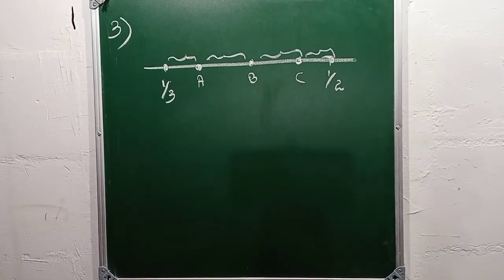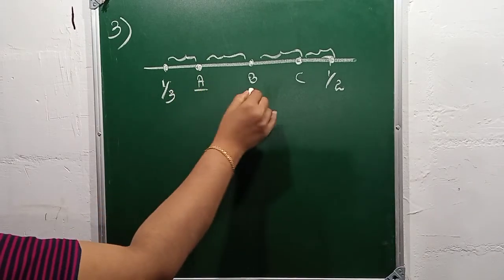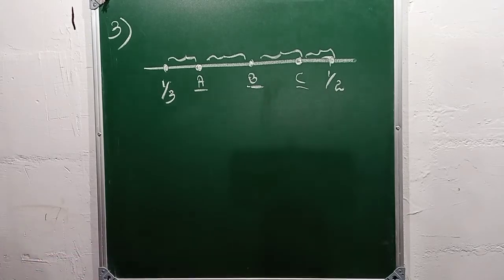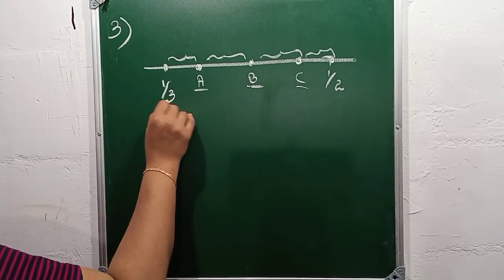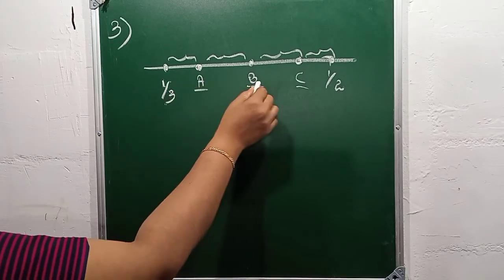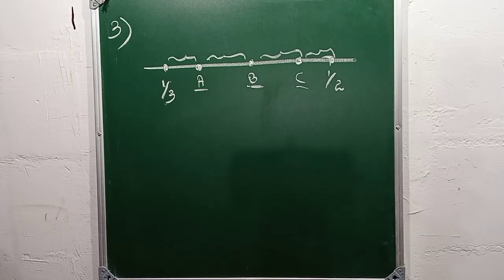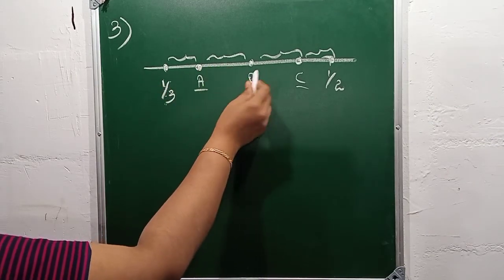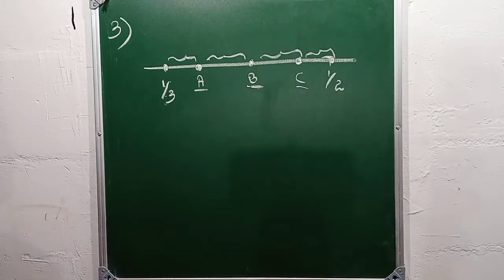We need to find out what the points A, B and C are. See, the distance between 1 by 3 and B, and between B and 1 by 2, are equal.